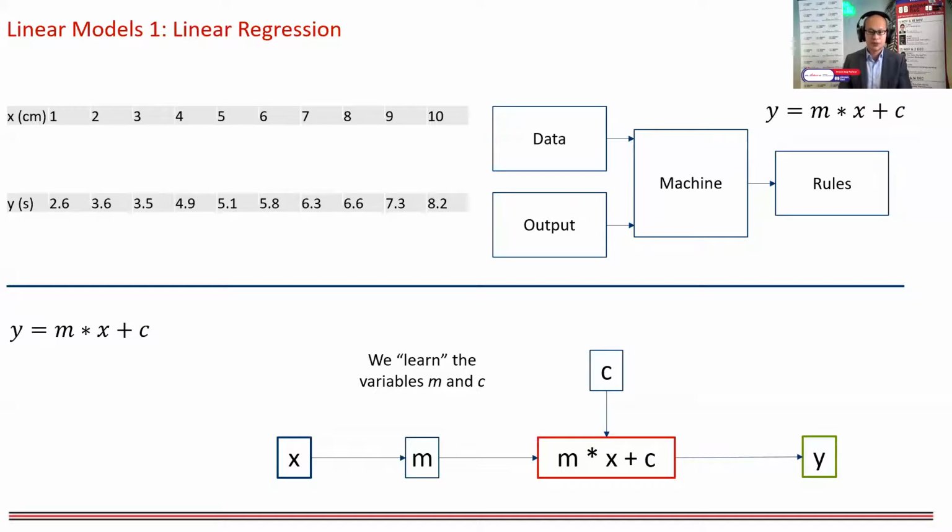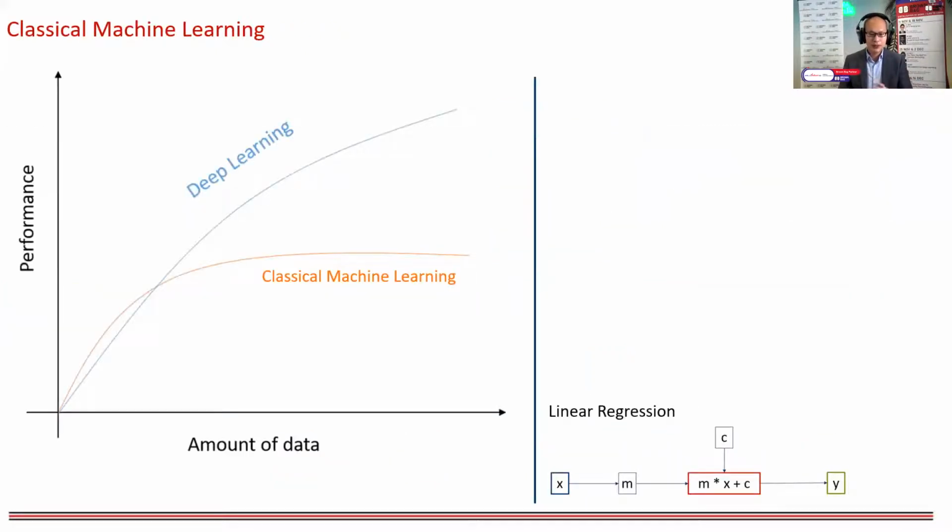And I reproduce it below in this representation where I have a box x, a box m, and this will mean x multiplied by m plus the value of c to form the output variable of y. And in the entire model, we are learning the variables m and c. Hence, we have the term machine learning because we are really learning some of these variables. Okay. So if we put it back here in this graph, this is the first model of linear regression.